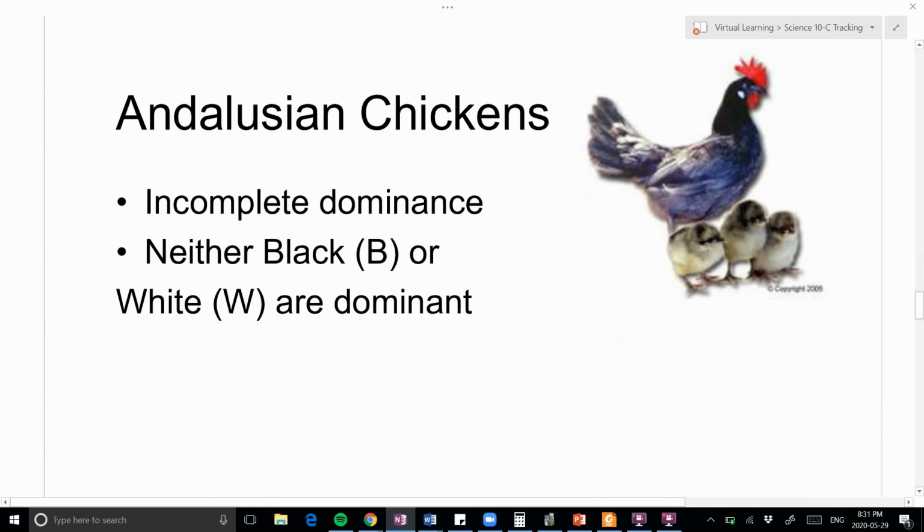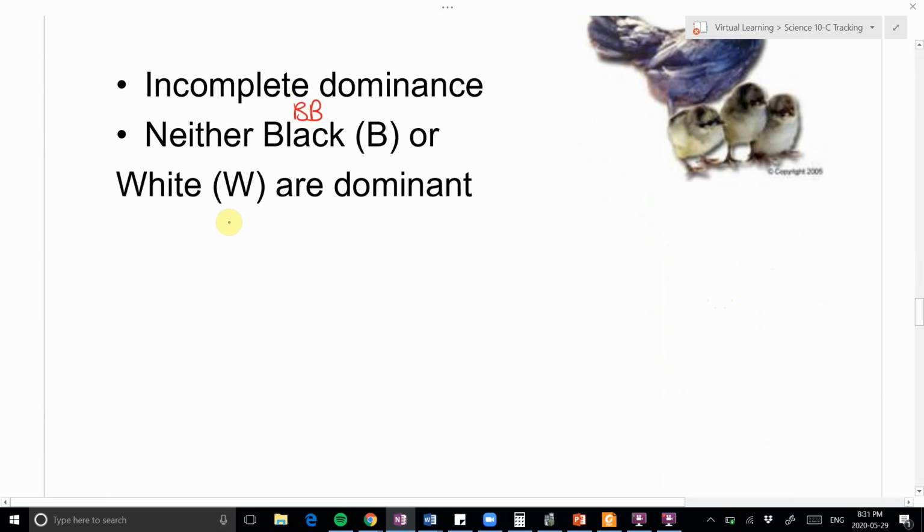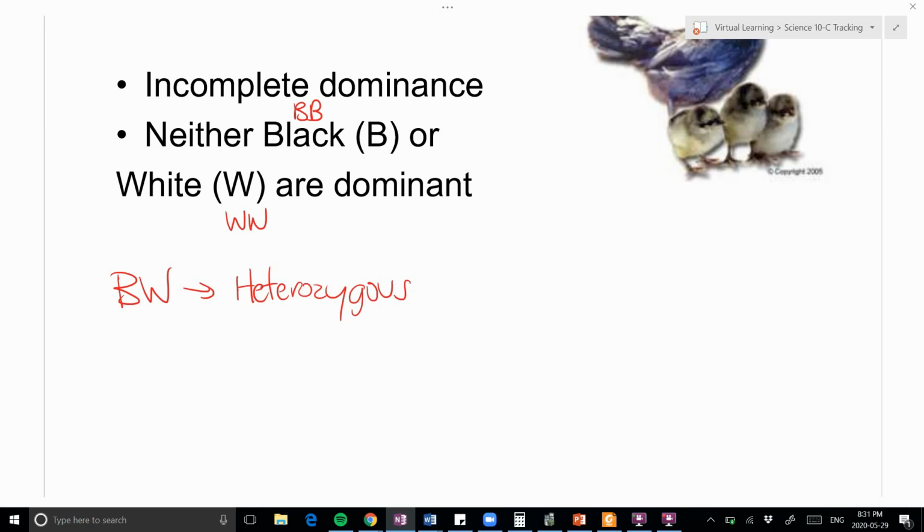So another example is the Andalusian chickens. These are actually really cool because they have black, that's homozygous dominant, and white. The heterozygous, so the BW, remember, because this is incomplete dominance, it should be meeting somewhere in the middle. So traditionally we would expect that a black and a white make gray, right?